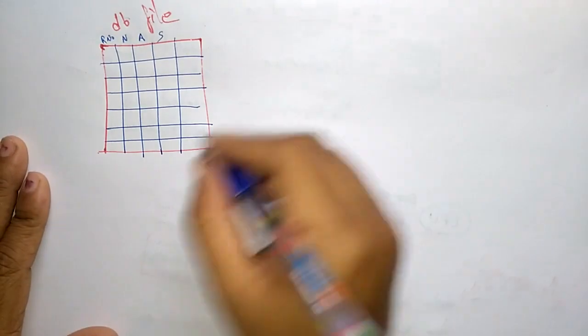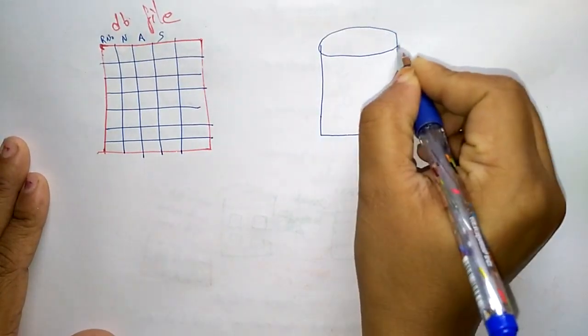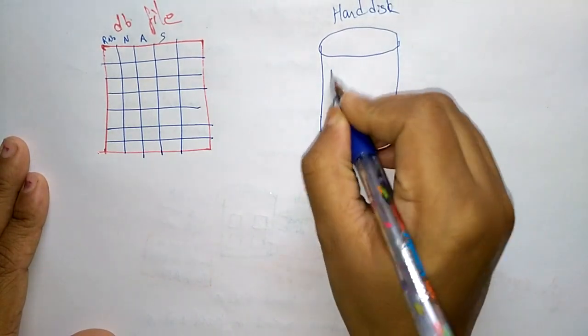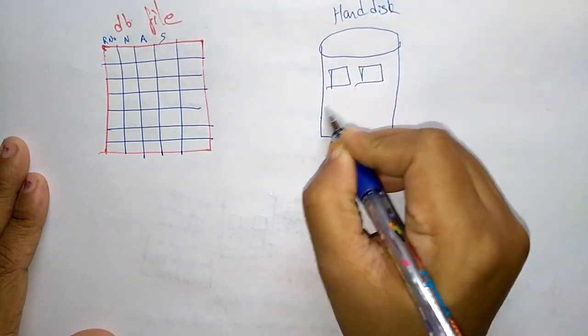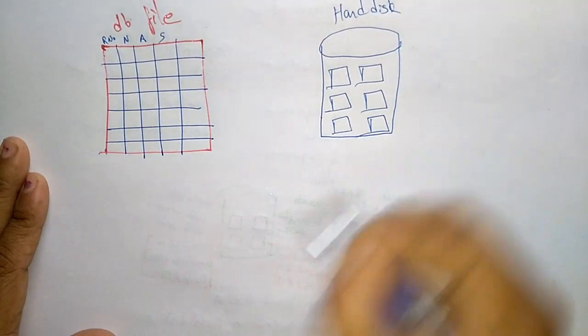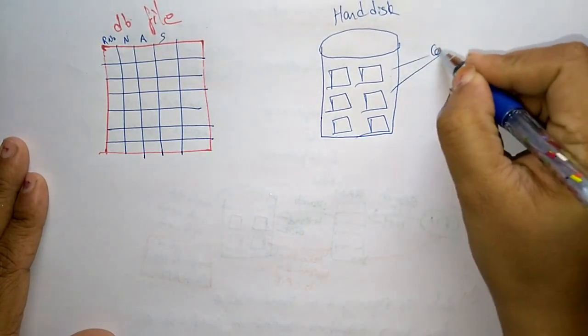Here this is a hard disk. I said the hard disk consists of a set of blocks. The data is stored in the hard disk in the form of blocks.